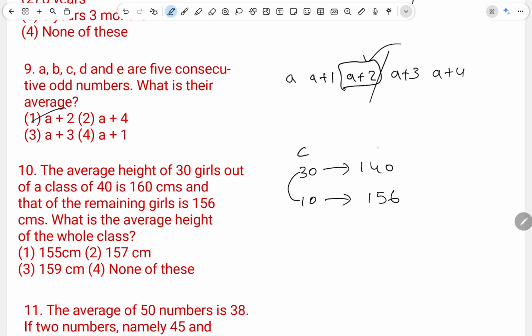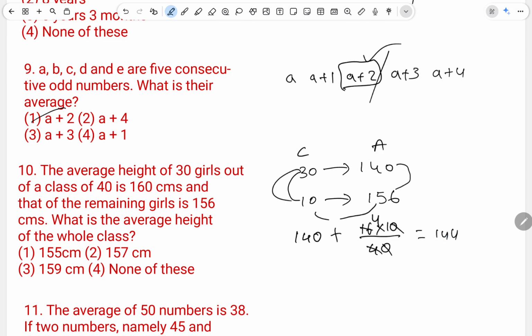This is count and this is the average. So if I consider 140 plus 1, compared to 140 it is 16 more than. 16 on how many people? 10 people. 16 into 10 whole divided by 40. 0 got cancelled. 4 4s. So 144. But the answer is not there.